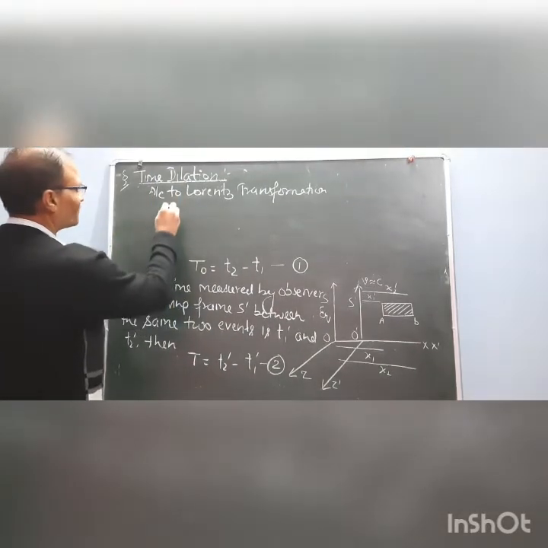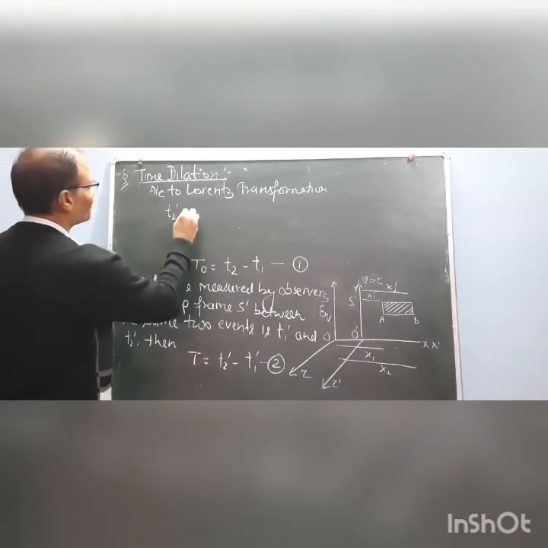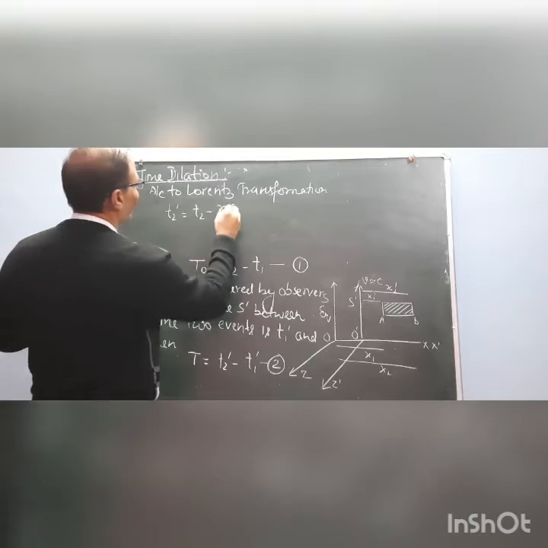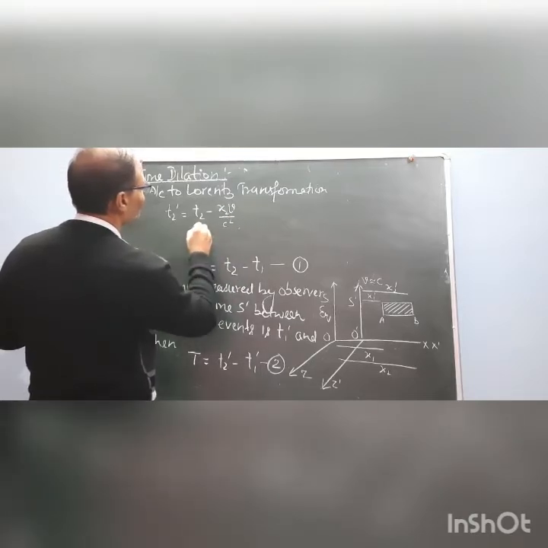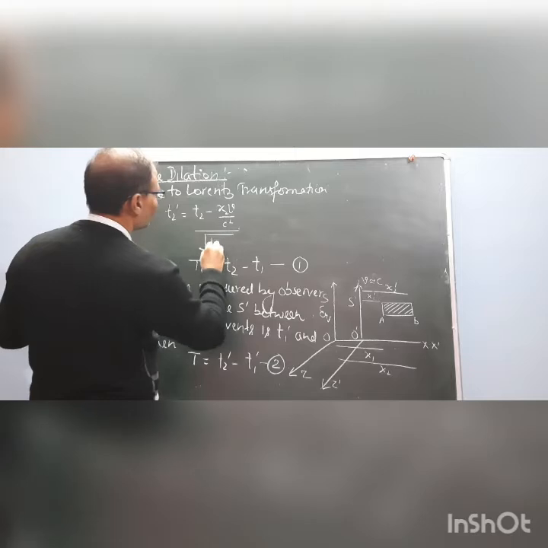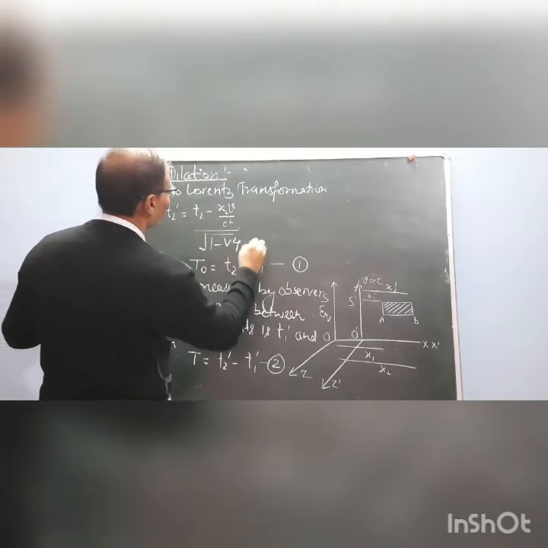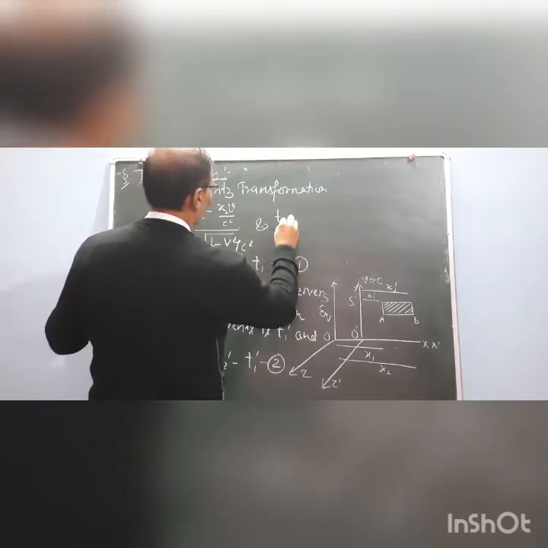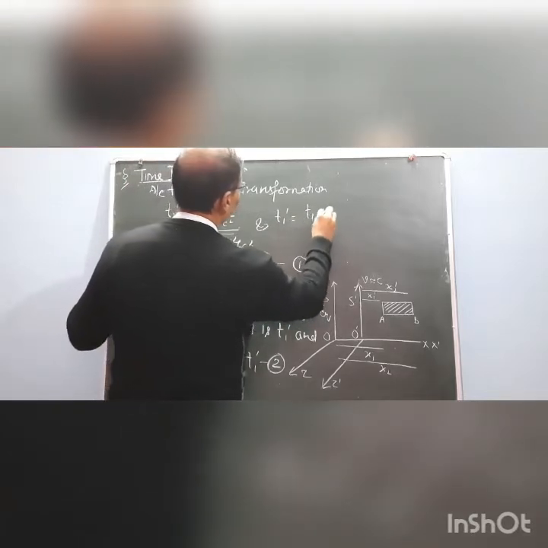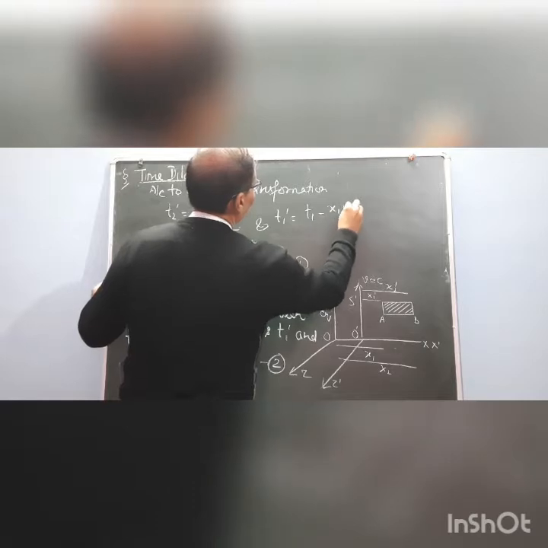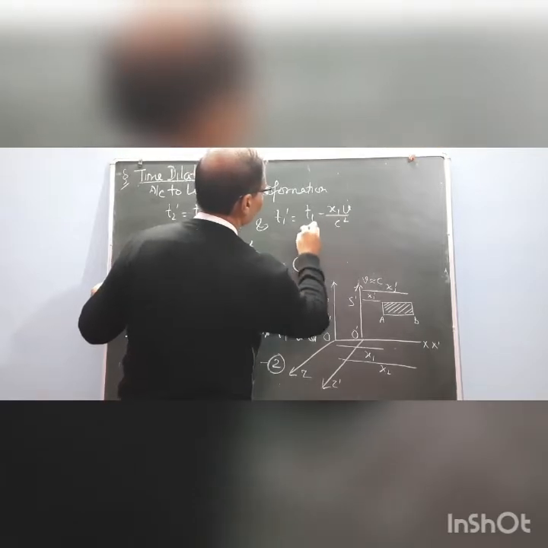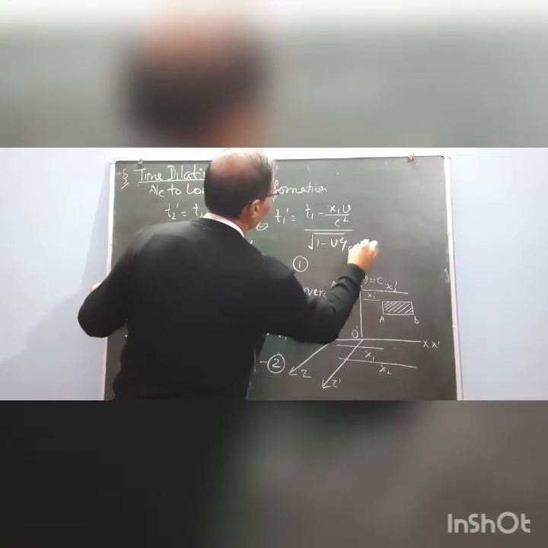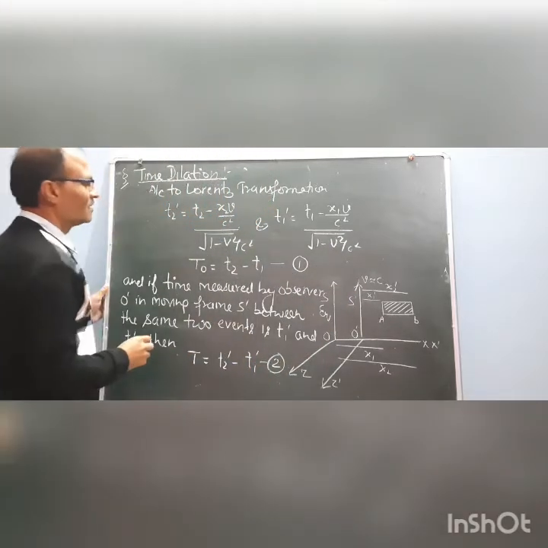The value of t2 dash equal to t2 minus x2 v upon c square upon under root 1 minus v square upon c square, and t1 dash equal to t1 minus x1 v upon c square upon under root 1 minus v square upon c square.